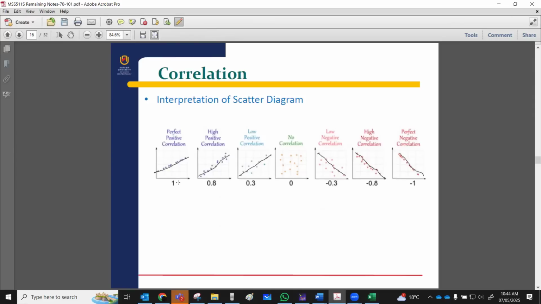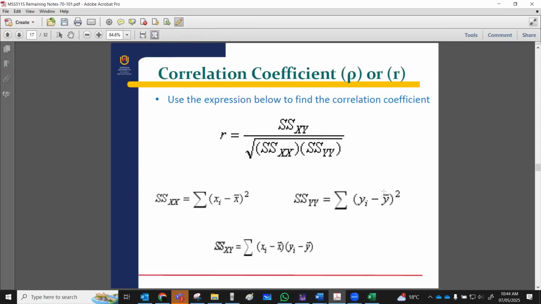And we have these numbers here. When our correlation is a 1, then it's perfect. 0.8 around there, it is high, positive. 0.3, that is low, and 0 means there is no correlation. And then negative values are also the same. So we can work out these numbers, and that will tell us about the correlation of our variables.